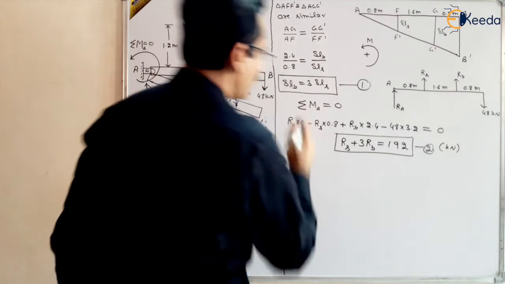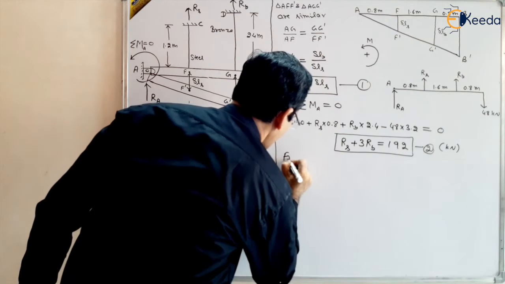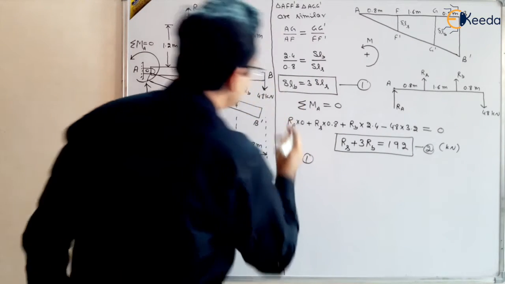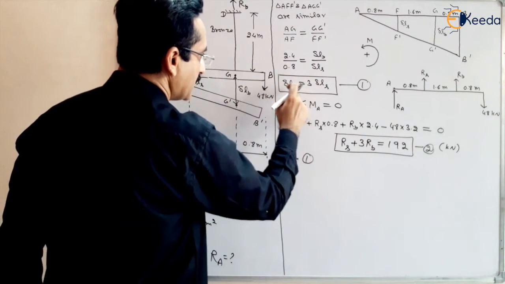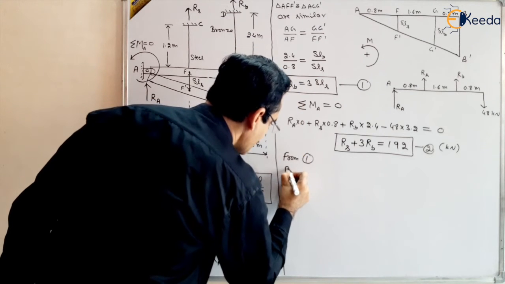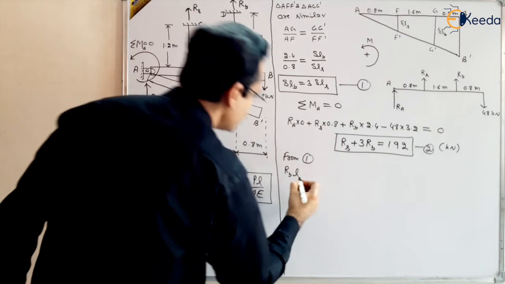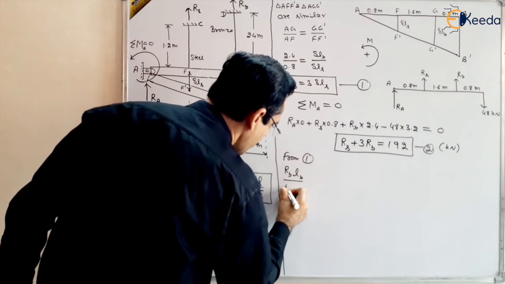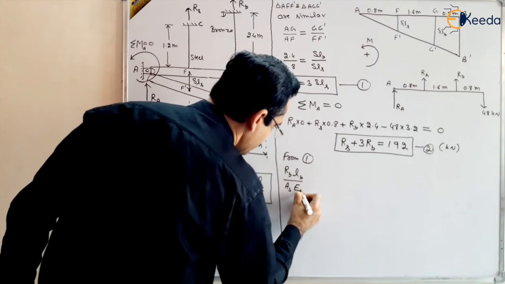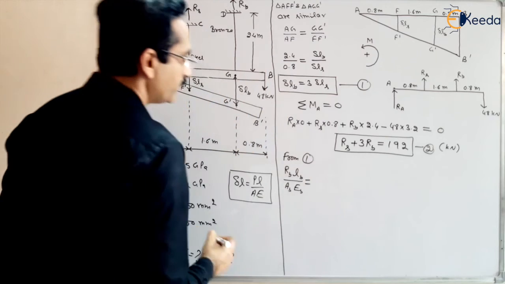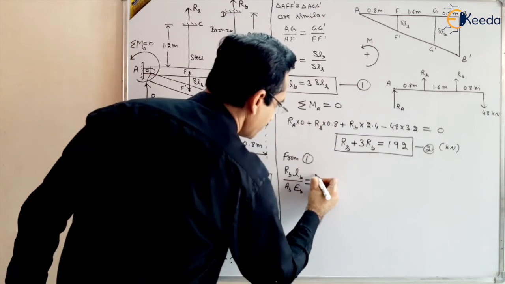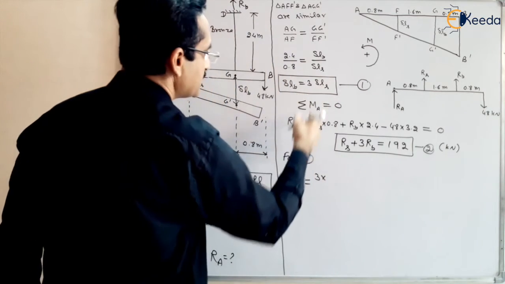So from 1 we can write that delta Lb is basically Rb L of B upon A of B into E of B. That should be equal to 3 times the deflection in steel. What is the deflection in steel?